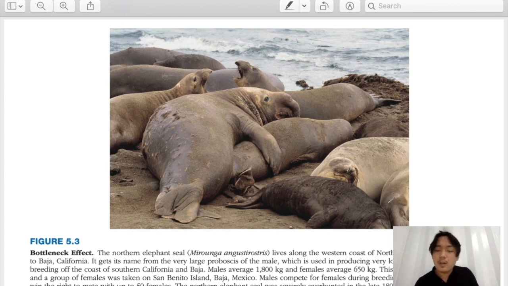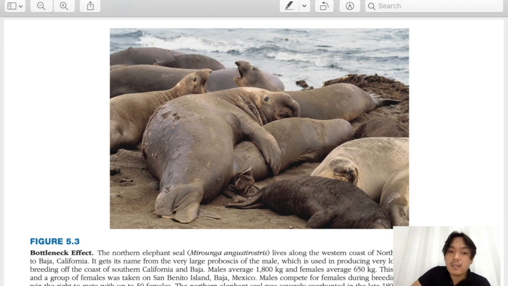Why is that? Why is it happening? What do you think is the reason? Overhunting of the northern elephant seal, because it looks like an elephant with a snout. Proboscis, male. I think the males are being hunted. What do you think? Even though the numbers are increasing now, the genetic diversity is very low.